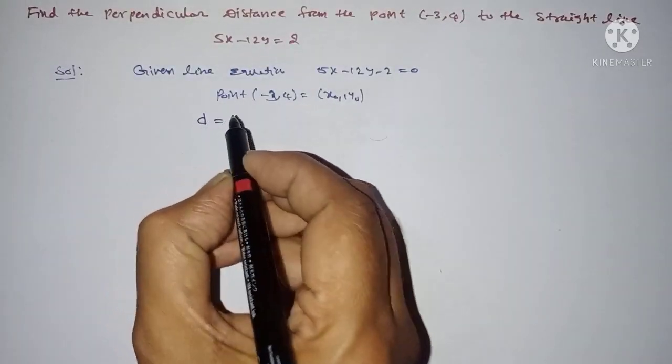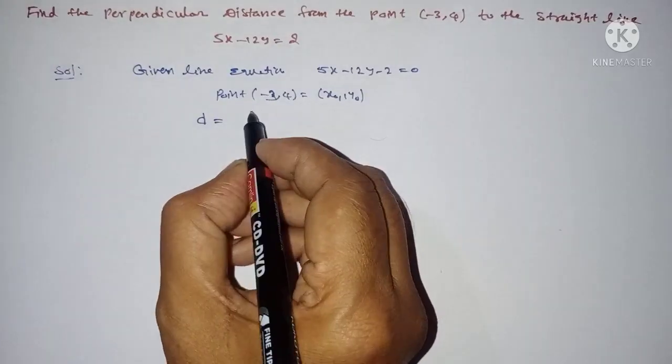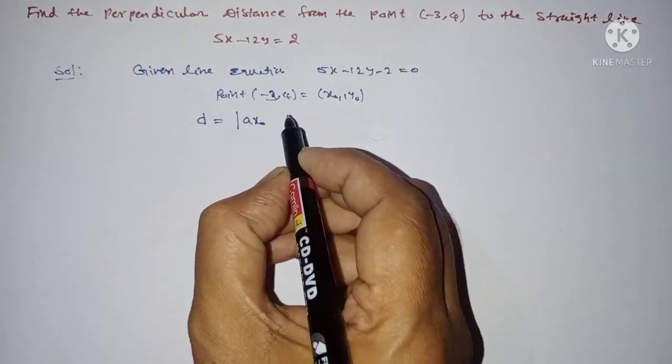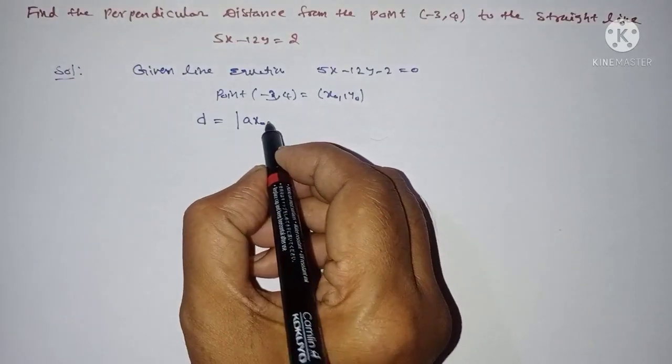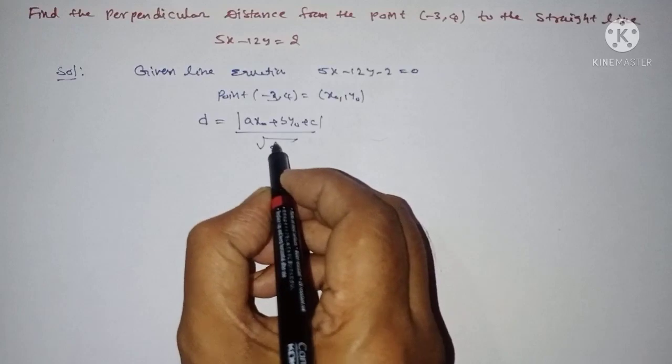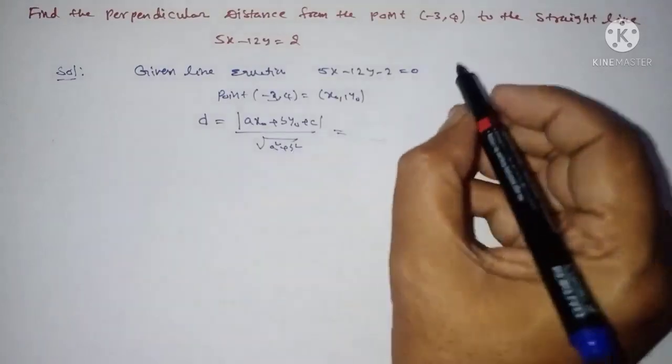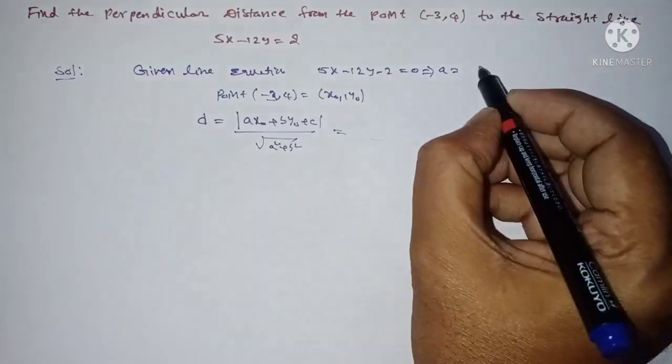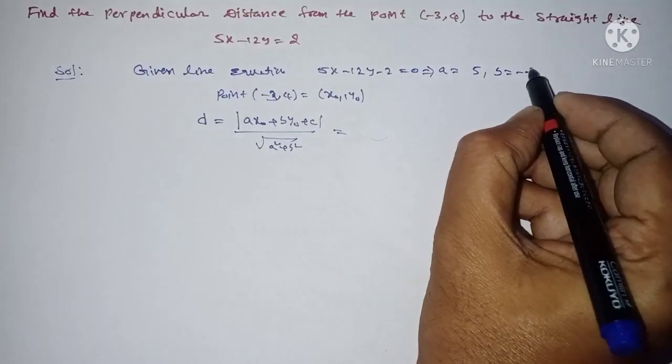What is the formula? d is equal to mod of (ax naught plus by naught plus c) by under root of a square plus b square. What is a? a is 5, b is equal to minus 12.